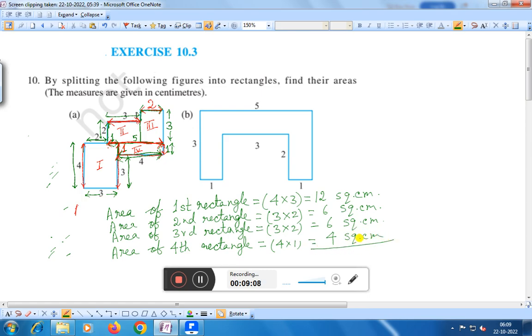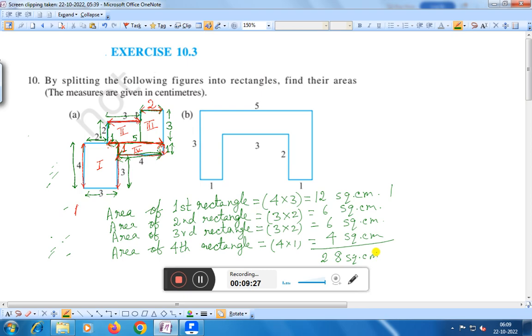Right. If you add all the areas, we are getting 12 plus 6, 18, 18 plus 6, 24, plus 4, 28 square centimeter.